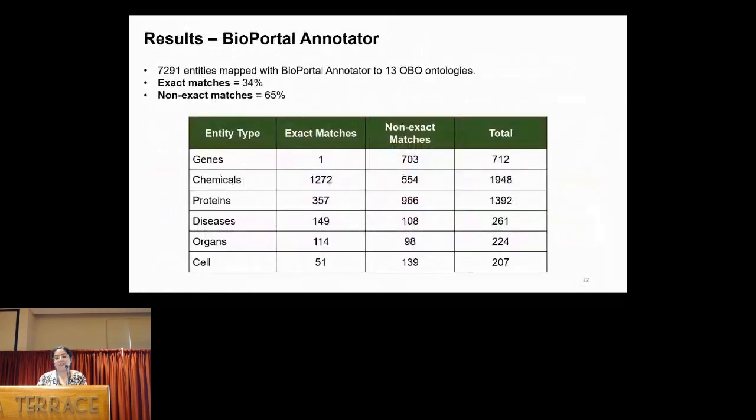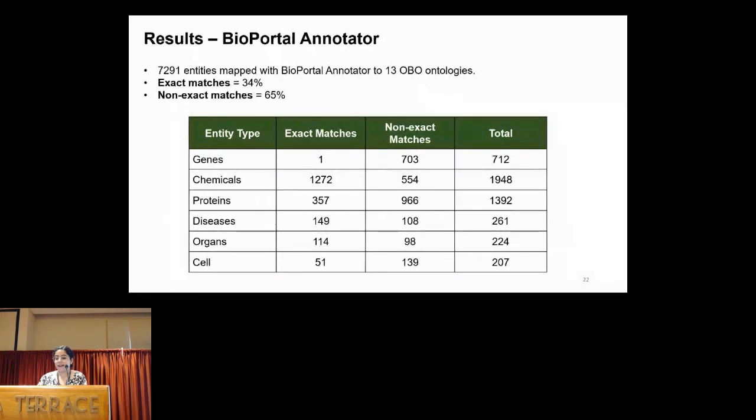And so what we found is we had 34% exact matches, where exact match is anything from the text that was mapped exactly to a label of the ontology term. And we had 65% non-exact matches that we were very interested in seeing what those results were and what we could understand about the concept annotation from those non-exact matches.